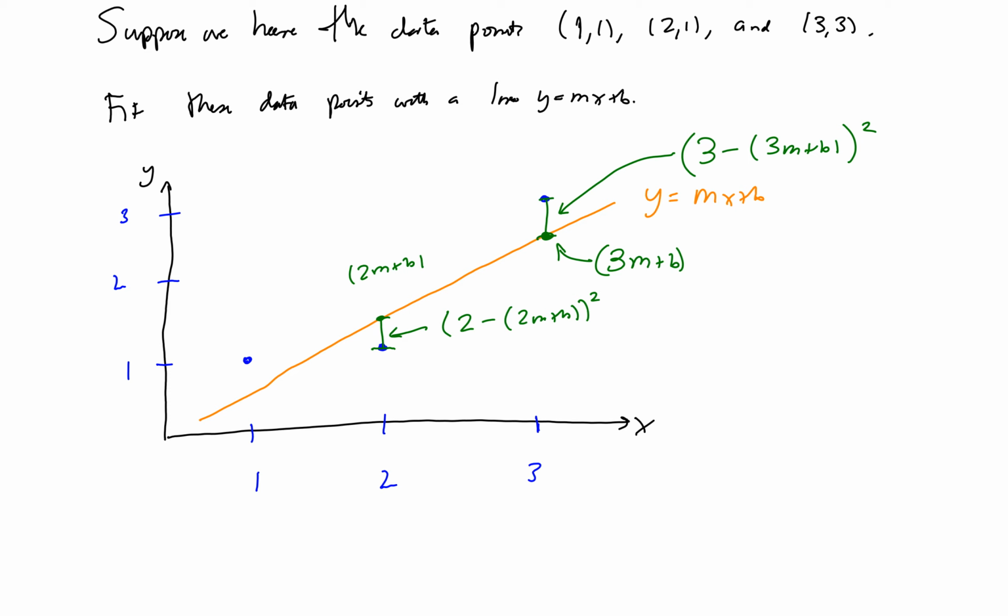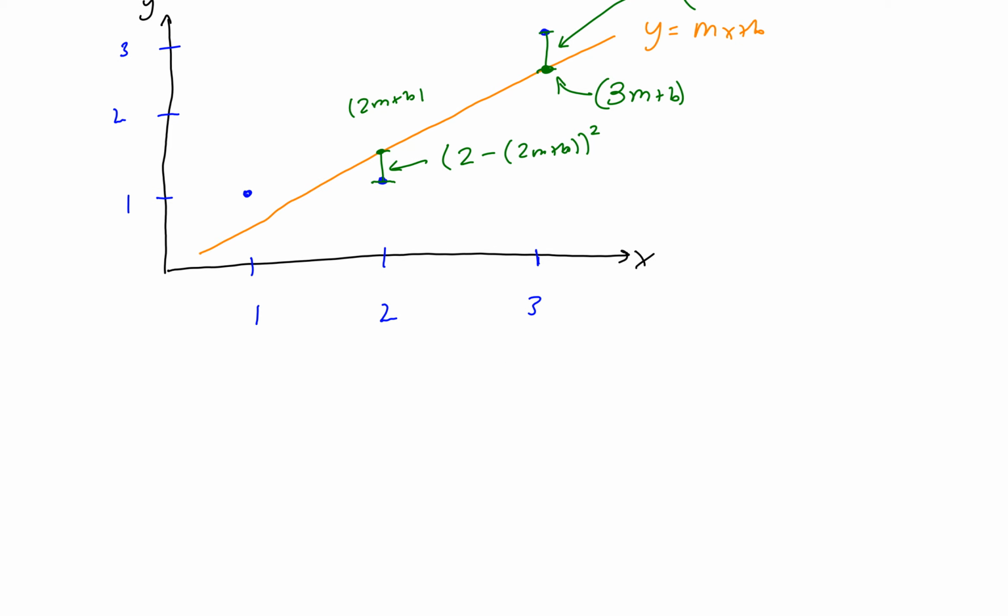And now what we want to do is choose the m and the b that minimize this sum. So let's set my function of two variables, m and b, to be this value. I guess maybe put this one in here as well, just so we have it. So this is m plus b, so this distance is 1 minus m plus b, squared.